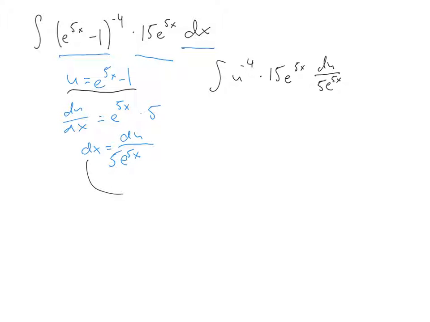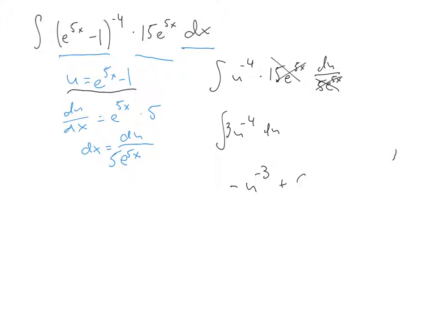So this becomes the antiderivative of u to the negative 4th. 15e to the 5x divided by 5e to the 5x leaves me with a constant of 3, and all with respect to u. So the antiderivative here is u to the negative 3rd. I add 1, and then if I want a 3 constant to end up in the front, I need to put a negative there as well.